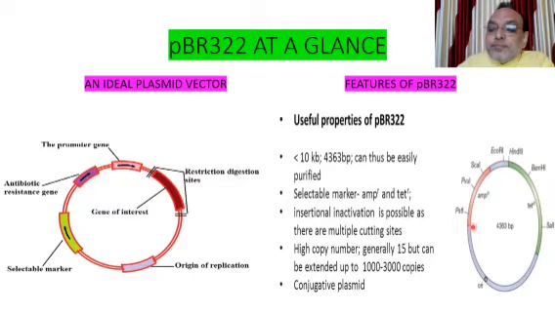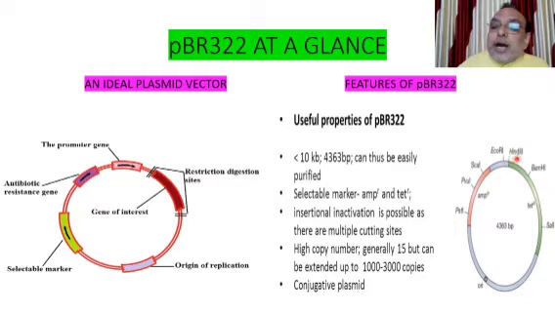So here you have the site of origin. Here you have one marker, ampicillin resistance. Here you have another marker, tetracycline resistance. So ampicillin and tetracycline are two markers. In this case, you can see these are BamHI and HindIII, the integrative sites.